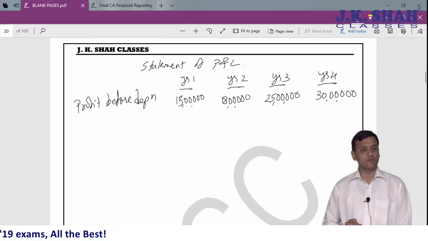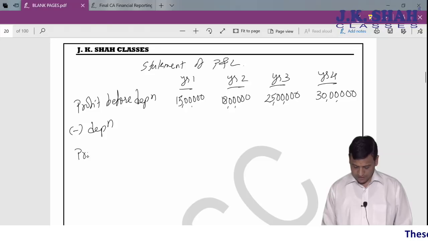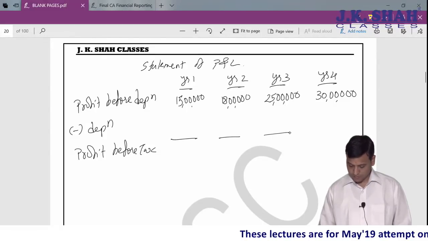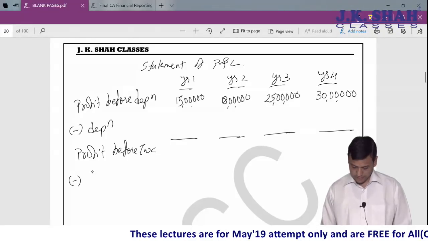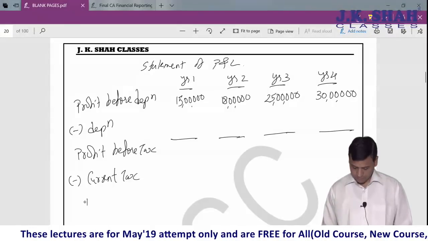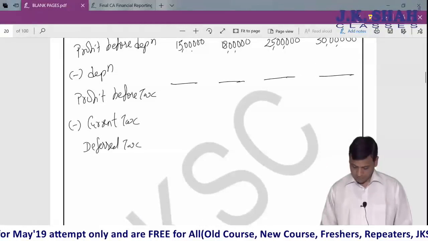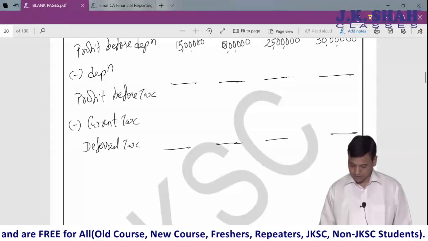This is nothing but profit before depreciation. From that, we have to deduct the depreciation. So what we get is nothing but profit before tax. From that, current tax and of course deferred tax. After adjusting for current tax and deferred tax, what you will get is nothing but profit after tax.